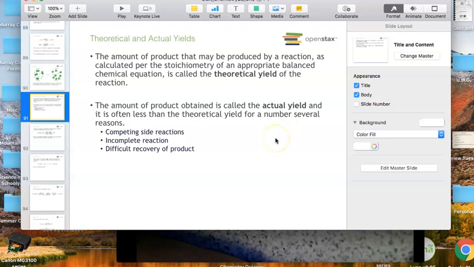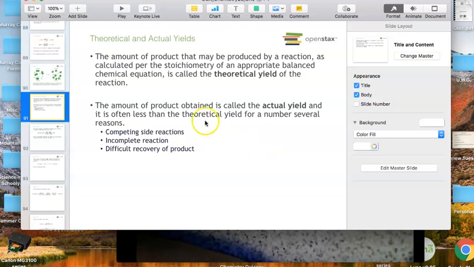Those technically are still calculations, but basically actual yield is what you actually get out of your experiment. For example, if you synthesize something, you're measuring the mass of copper at the end of the experiment. That is your actual yield.